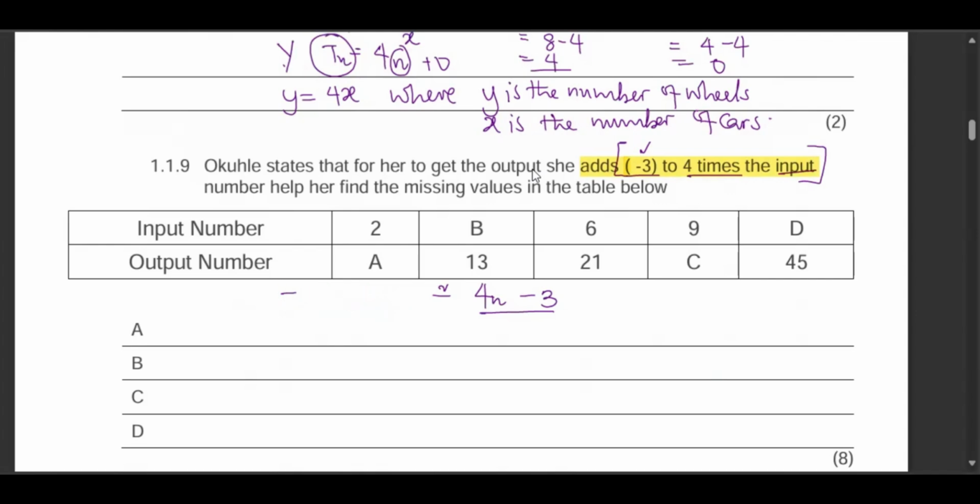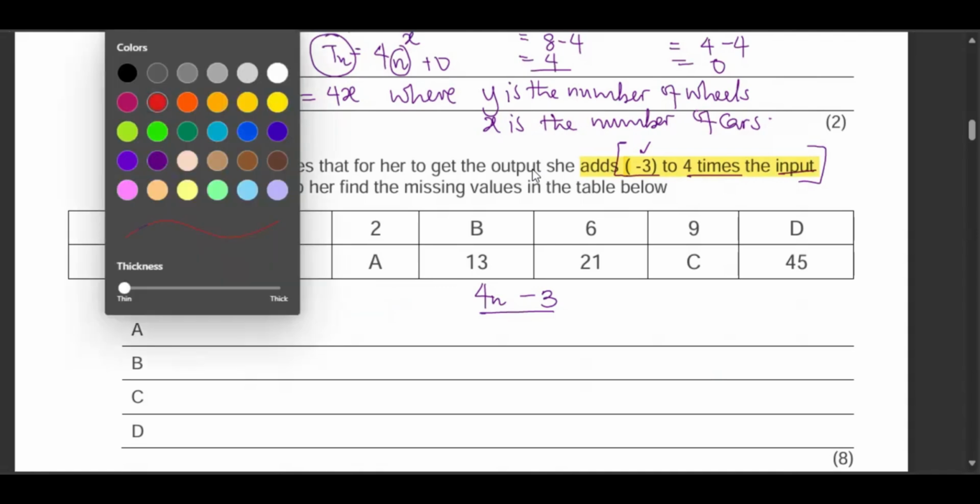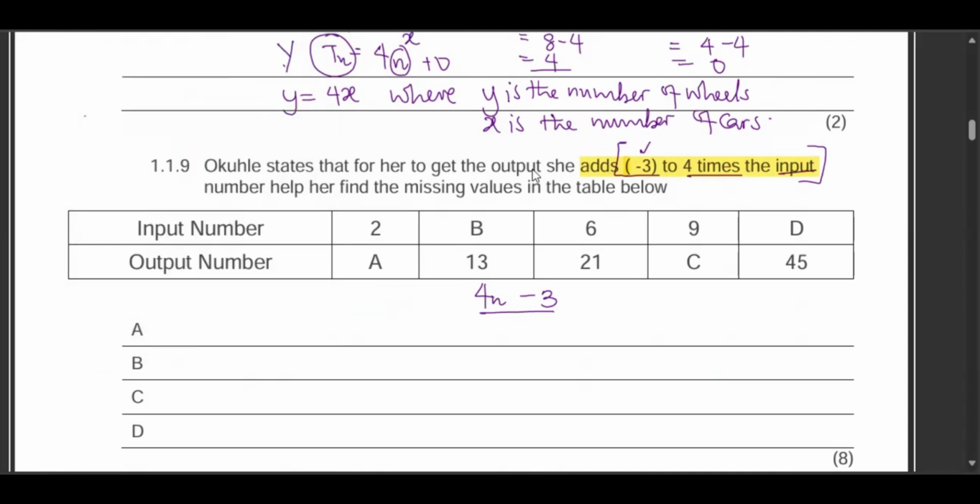What I want you to understand is that you have to analyze what you're going to do. So the value of a here, we shall say a. The number input value is 2. That means our n here is going to become 2. So a will equal 4 times the input 2 minus 3, which is the same as 8 minus 3.